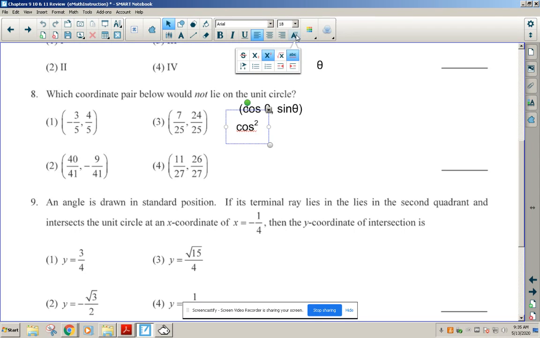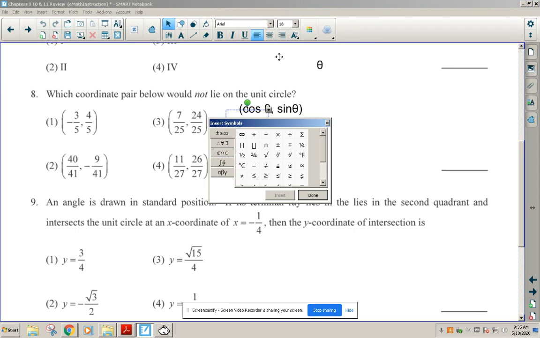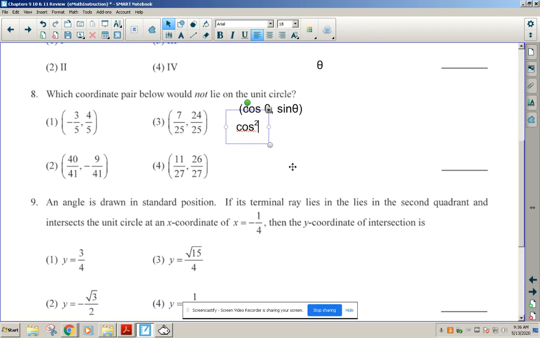So here is where my theta should be. All right, cosine squared theta. All right, so maybe I should just go back to the pen. Cosine squared theta plus sine squared theta equals 1.